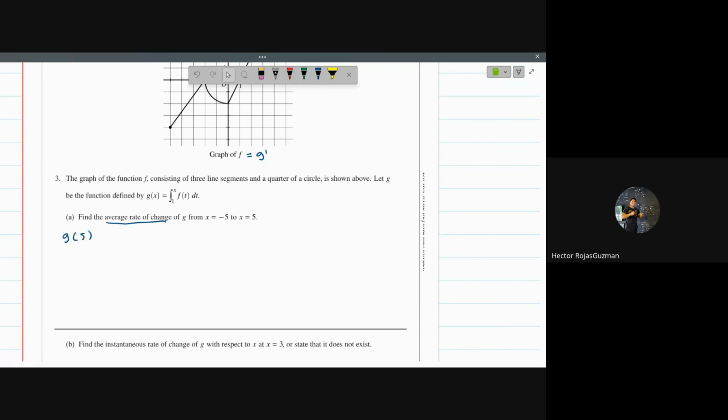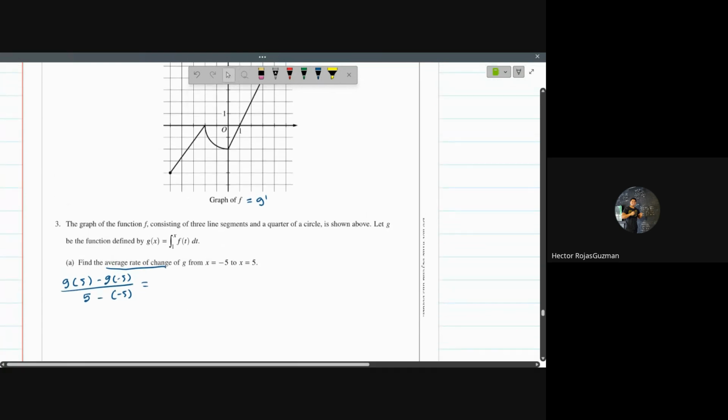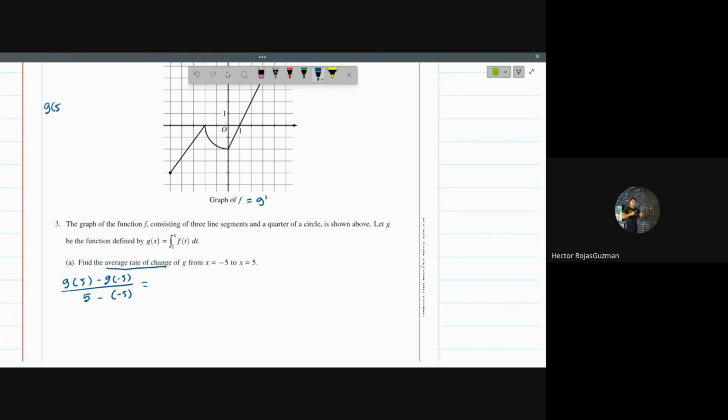g of 5 minus g of -5 over 5 minus -5 equals. Now for this part, you're going to have to figure out what g of 5 and g of -5 are separately. So g of 5 equals the integral from 1 to 5 of f of t dt.